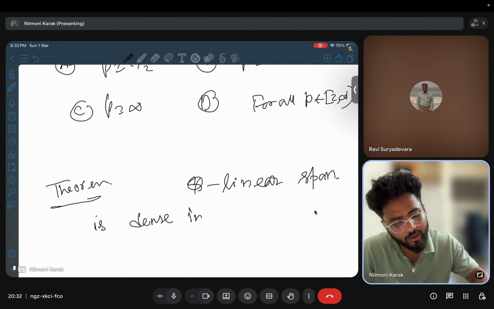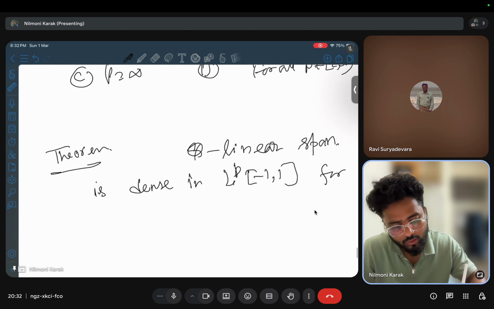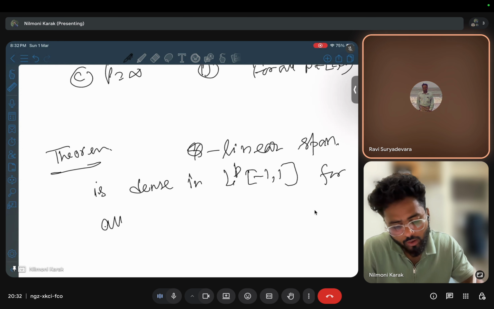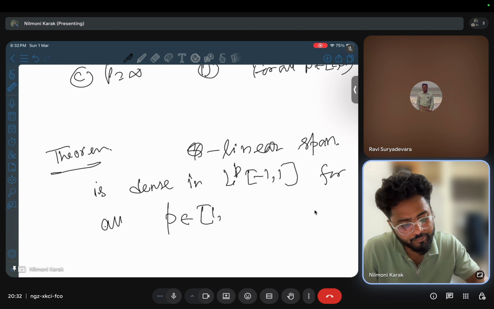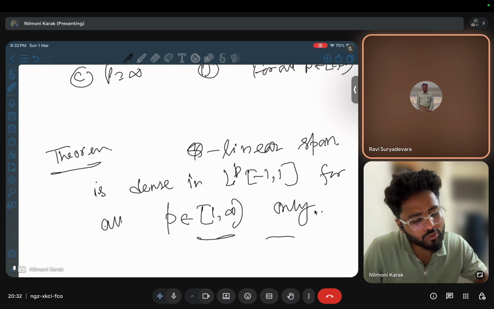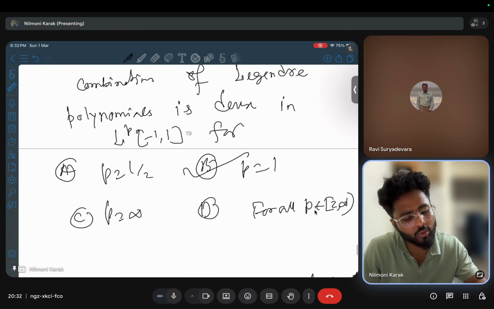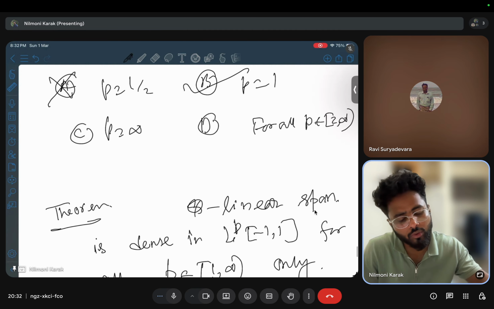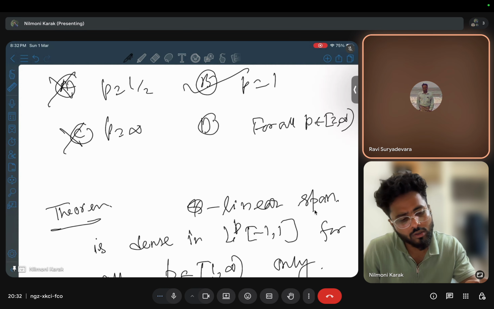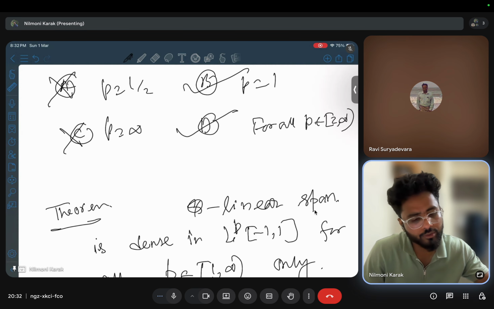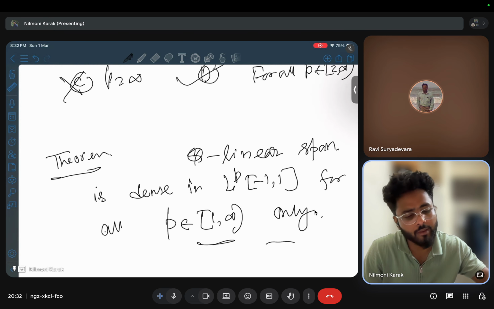Dense in L^p for all p belonging to 1 to infinity follows from the Weierstrass approximation theorem. So for p equals 1, it holds. This does not hold, and this holds. So B and D are correct.